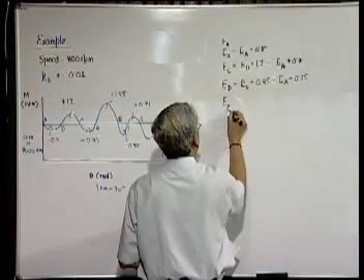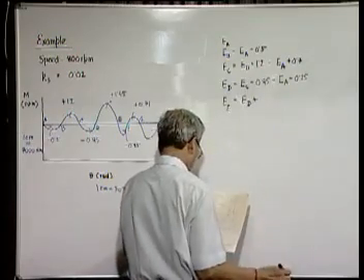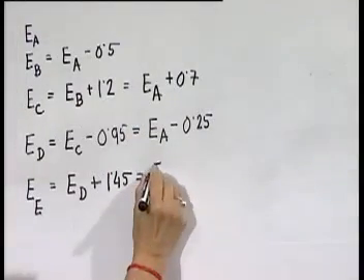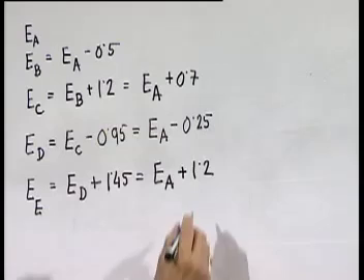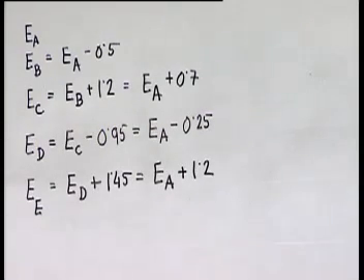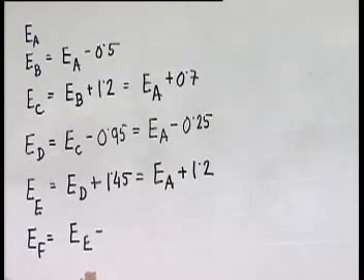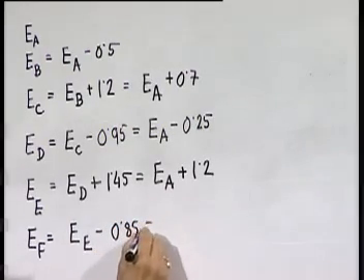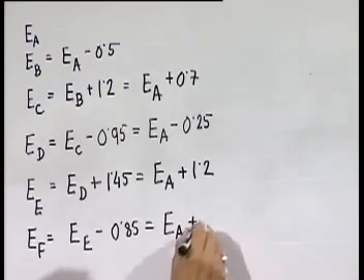E at E is E at D plus 1.45, which is same as EA plus 1.2. E at point F is equal to E at point E minus 0.85, which is same as EA plus 0.35.